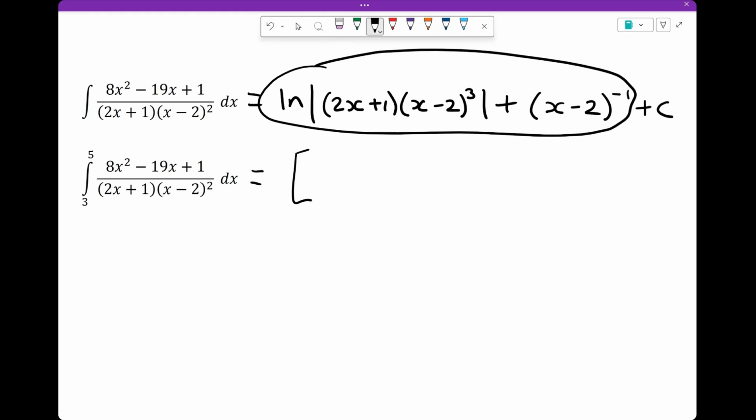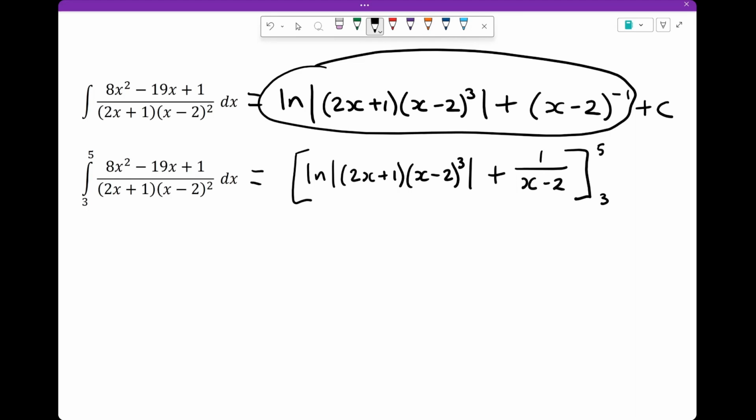We don't need the plus c because it's a definite integral. So we've got the natural logarithm of the modulus of 2x plus 1 multiplied by x subtract 2 to the power of 3, and then plus the x subtract 2 to the power of negative 1, which you could write as 1 over x subtract 2 if you want. And then we're going to close our square brackets and then put my limits of 5 and 3 here and here.